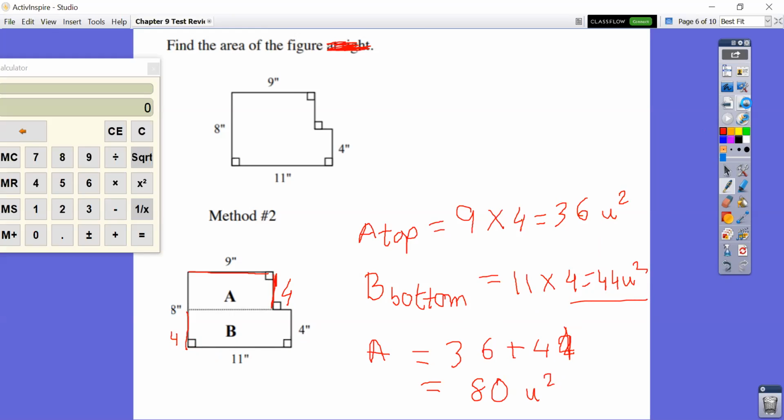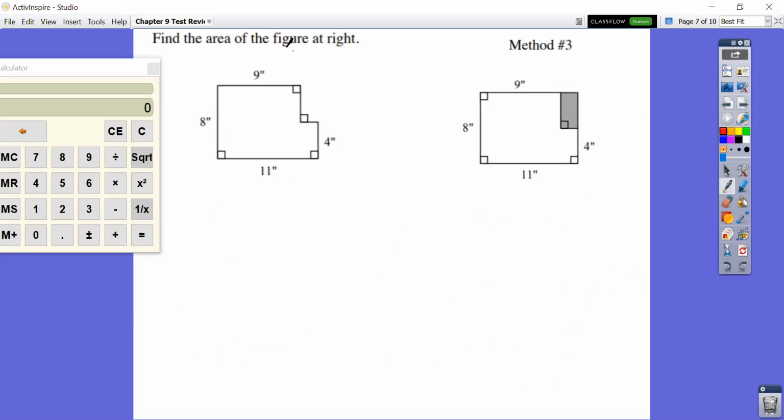All right. Next method for the same problem, but a different way to get the answer done. This time, I consider my polygon like a big, huge rectangle. So I have this polygon, and it turned out to be a full rectangle.